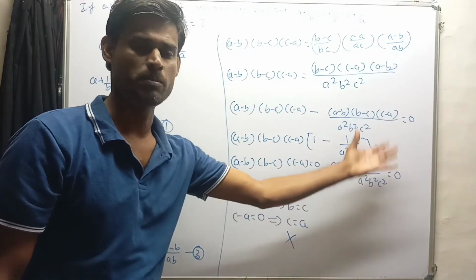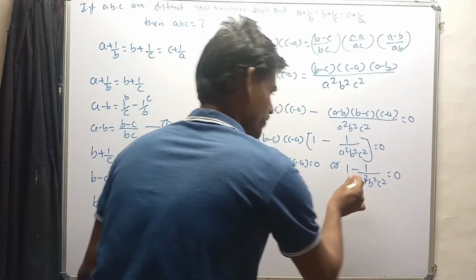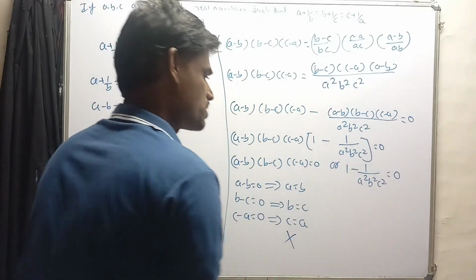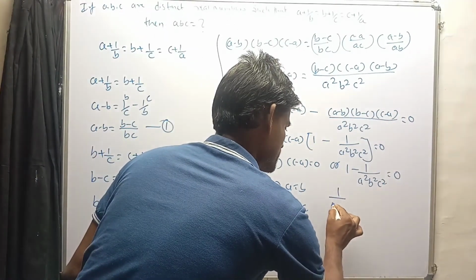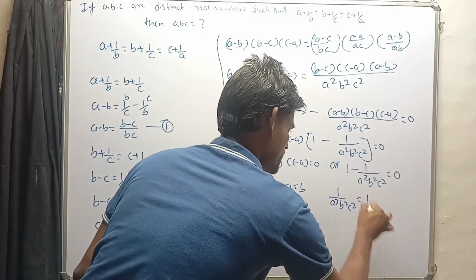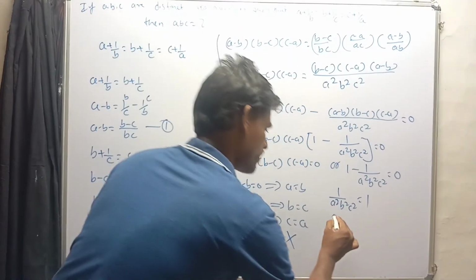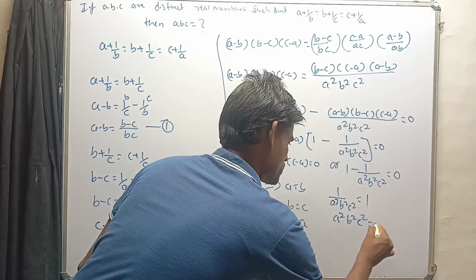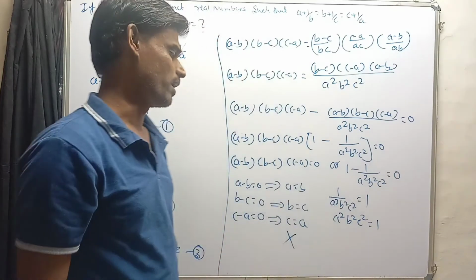Let's try to simplify this part. Here we have 1 minus 1 by A square, B square, C square is equal to 0. Further we can write it as 1 by A square, B square, C square is equal to 1. Or we can write A square, B square, C square is equal to 1.